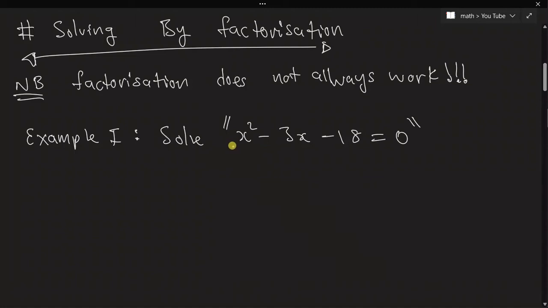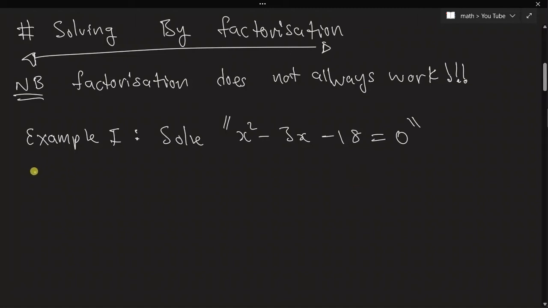Category 1 problems are those problems whereby the coefficient of the squared term is always positive 1 or negative 1. So every time you come across a problem where the coefficient of the squared term is positive 1 or negative 1, we call that a category 1 problem. So category 1 problems are the easiest to solve by factorization.